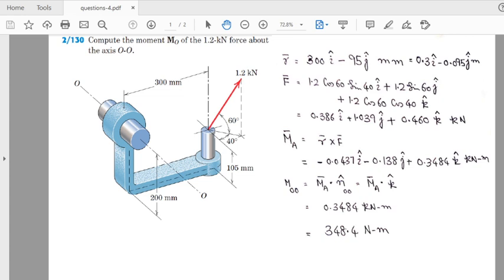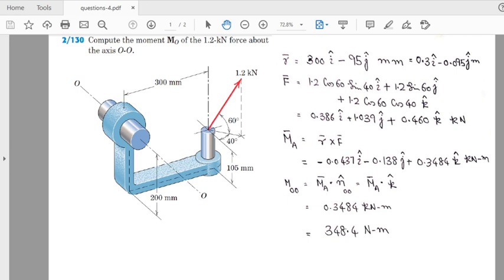So we will first select a point on line OO. We can select the point at the center of the bracket on this line OO. Say that point is point A. So you can see the calculations. We have calculated moment about point A. When we are calculating moment about point A, we have to write the position vector, which is going to start from point A, and it will go up to any point on the line of action of the force.